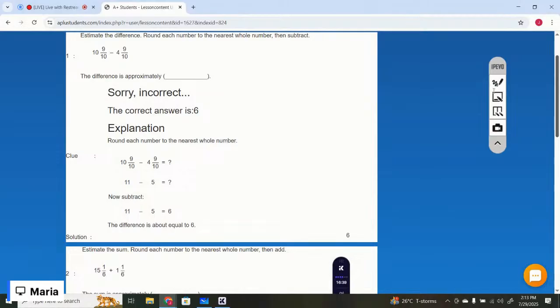Same way, again, the fraction is 9 by 10. The fraction is greater than half, so it would be rounded to 5. So 11 minus 5 is 6.